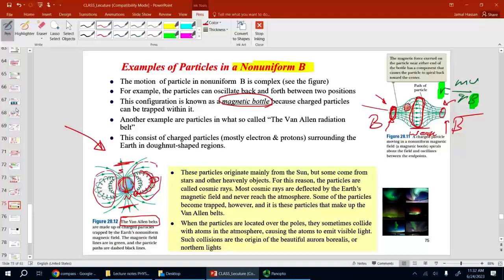Now there is a phenomenon in the North Pole and actually in the South Pole. It's called aurora, or they call it northern lights. The concept of these northern lights is simply that some of these cosmic rays penetrate the atmosphere and ionize the air, and when it's ionized, the ions produce colors like greenish, yellowish.